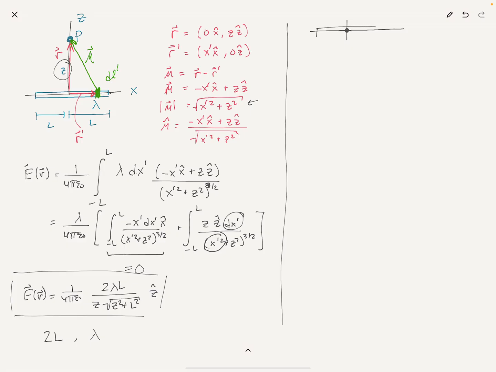So now I have this region of space that has charge density lambda. I go ahead and take my electric field at some point in space, 1 over 4 pi epsilon naught, 2 lambda L over Z times the square root of Z squared plus L squared in the Z hat direction.